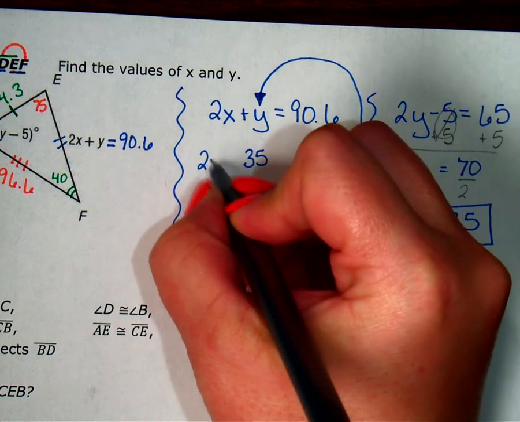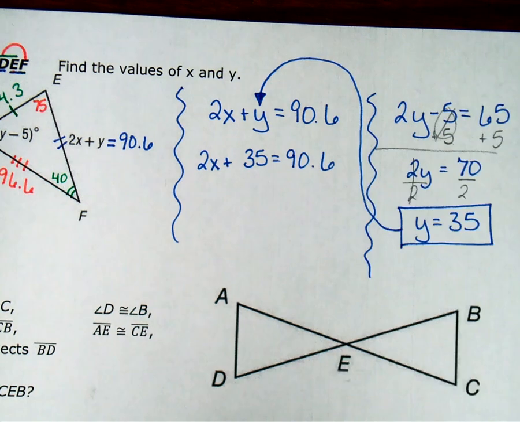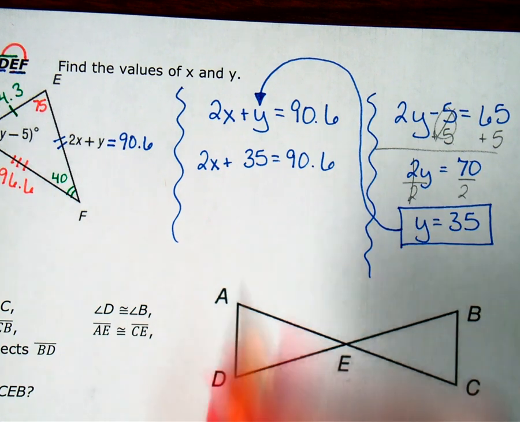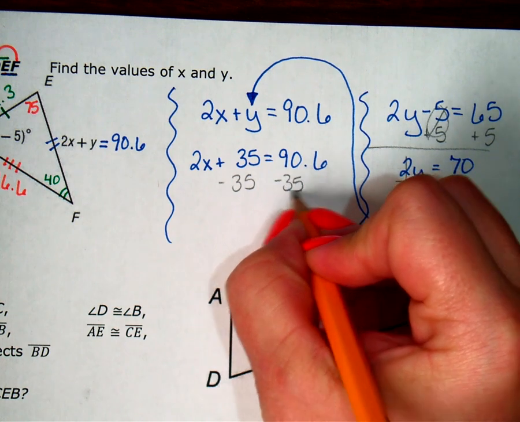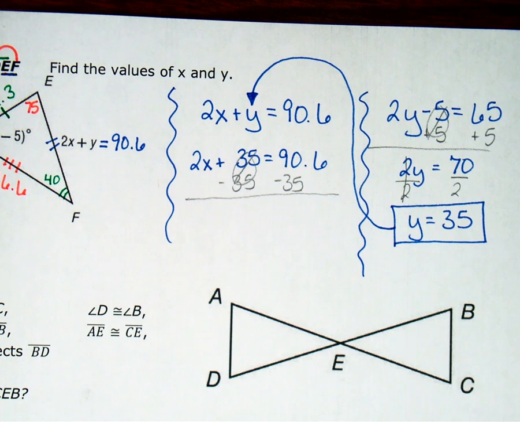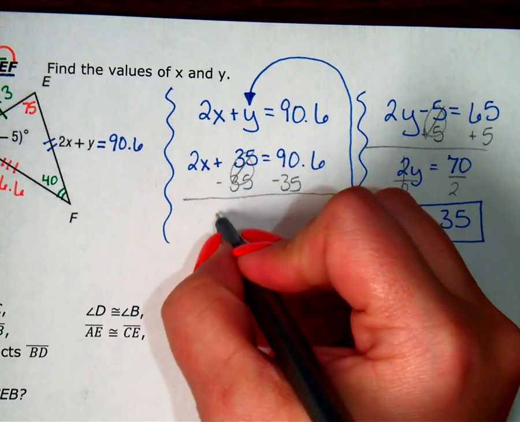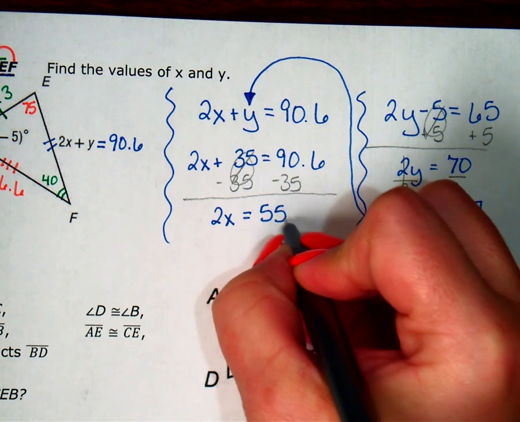So 2x plus 35 equals 90.6. Okay? All right, so now to solve, the first thing I'm going to do is my subtraction property of equality. I'm going to subtract 35 on both sides. And when I do 90.6 minus 35, I'm going to end up with 2x plus 0 equals 55.6.